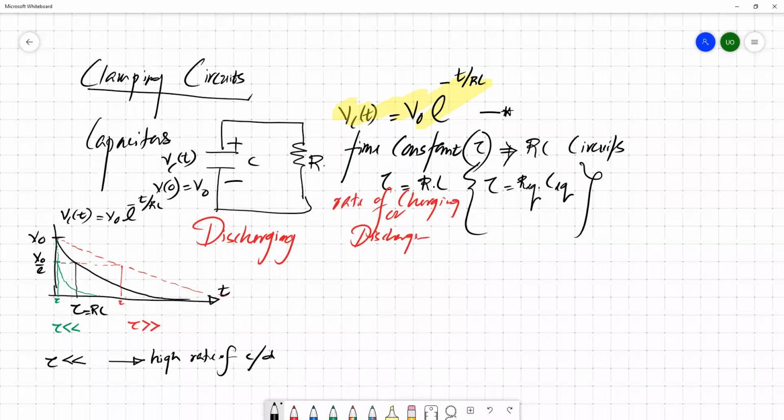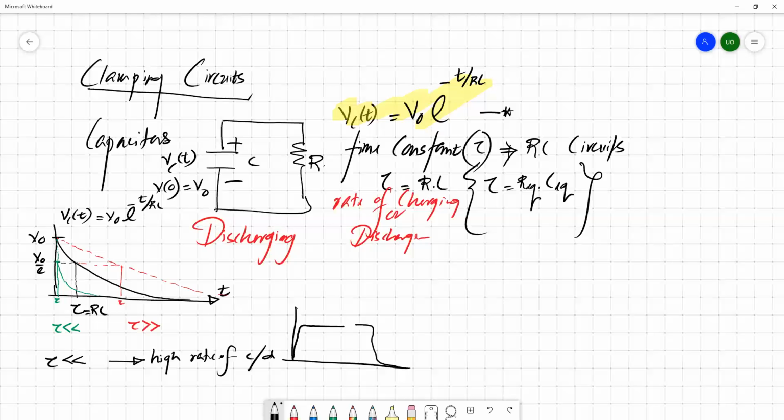If it is charging, it immediately charges to its maximum, or else it immediately discharges to its minimum. This is where tau, the time constant, is small.